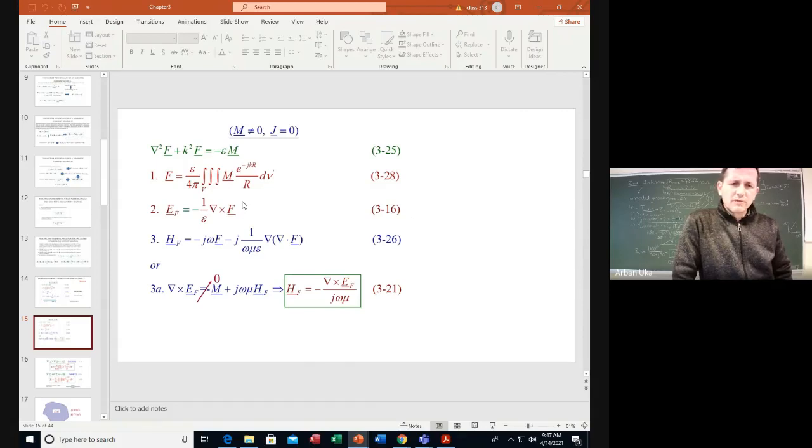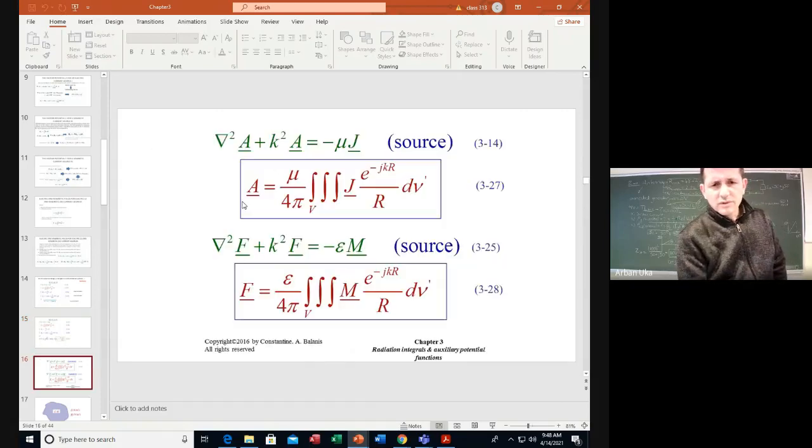And this F can be found using the equation in red. Once we find F, we can use the curl of F to find the electric field intensity. And we can also use the divergence of F and the gradient of F to find H. Or we can also identify the electric field if we are given H by using this equation 3.A, but assuming that M is equal to 0.